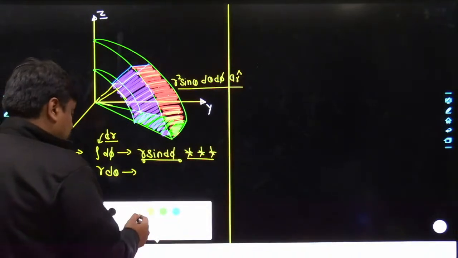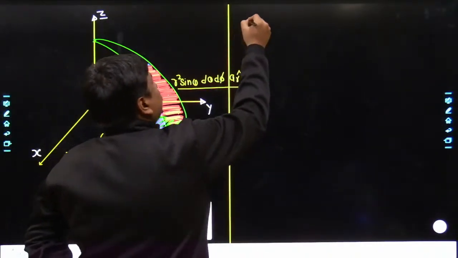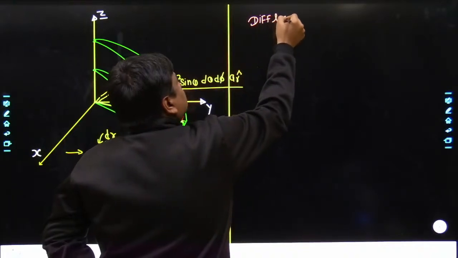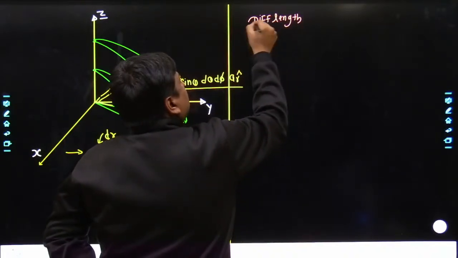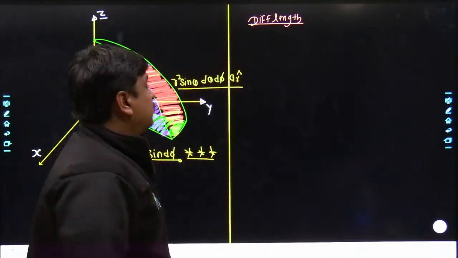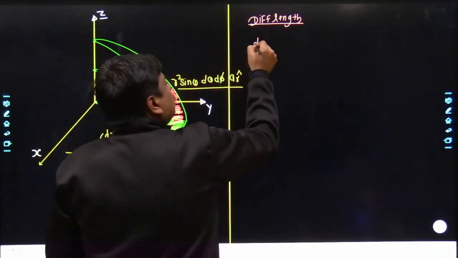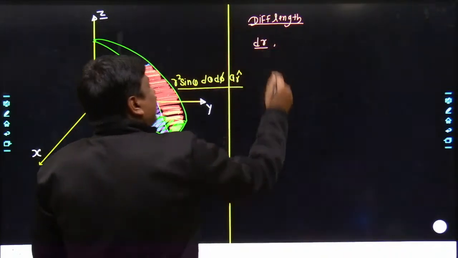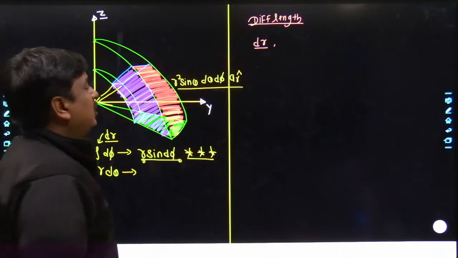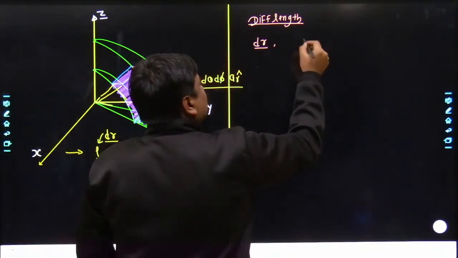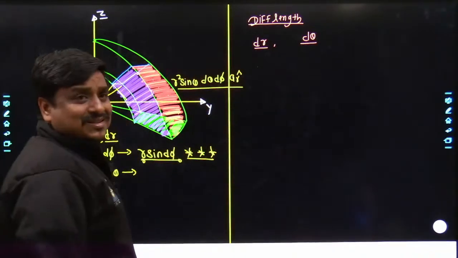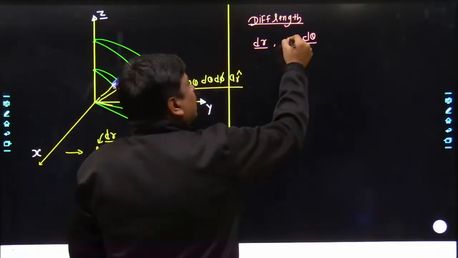So what I am saying over here, at the very beginning, let me discuss a bit about the differential length, which we have been doing in the last coordinate system. Differential length. Now you would have the differential length because of the change in r, which is simply dr, because r is a length, so obviously it would be simply dr. Next goes the differential length because of the change in theta, which becomes r times d theta.